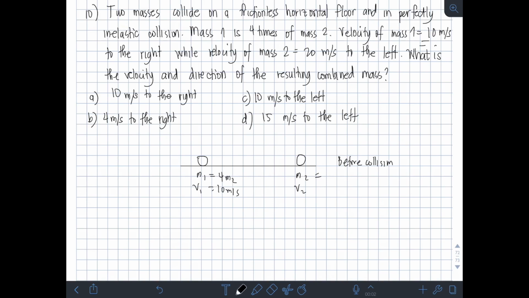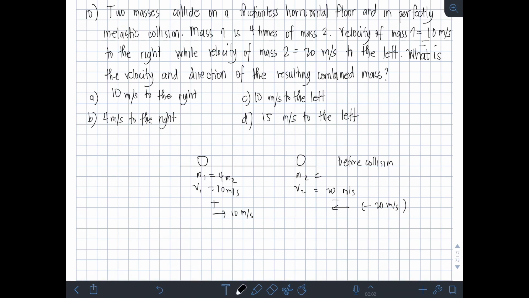There is a sign convention for velocity. When positive, it is to the right. So, we use to the right is positive 10 meters per second for V1 of mass 1. And then, for V2, it is given as 20 meters per second to the left. So, V2 is 20 meters per second to the left, so negative. Negative 20 meters per second.